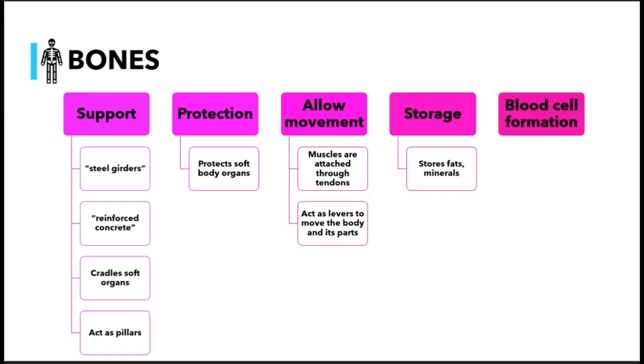Okay, so if the calcium level in the blood is too low, there will be withdrawal of calcium deposits. Okay, while if there is too high calcium level in the blood, the excess calcium will be deposited. Another function is the formation of blood cell, also known as hematopoiesis.